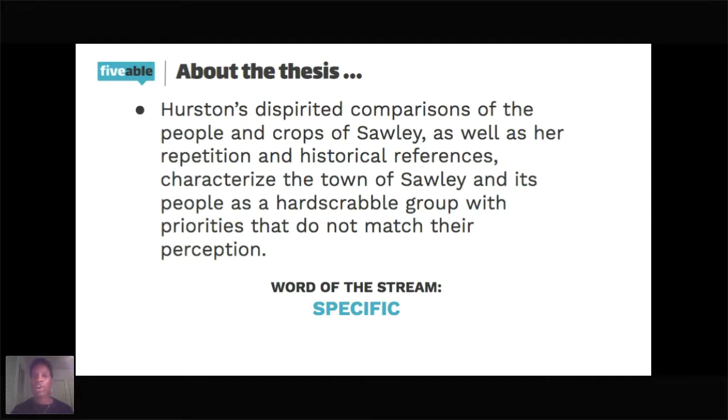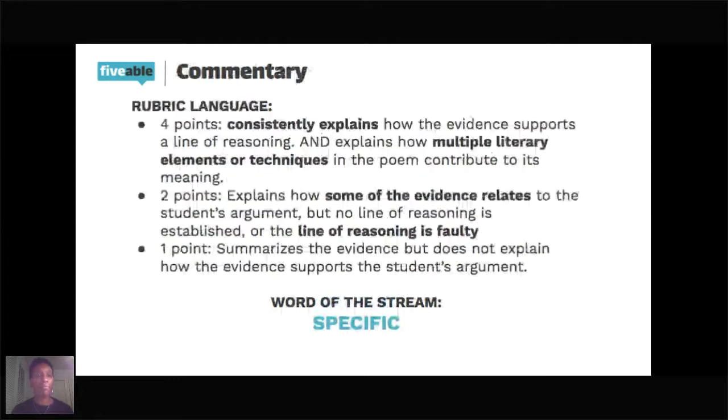Okay, so commentary, again, in the language of the rubric, a 4 is going to consistently explain how the evidence supports the line of reasoning, and also explain how multiple literary elements in the poem contribute to its meaning. So again, going back to that question before about if something's important, can we use it?